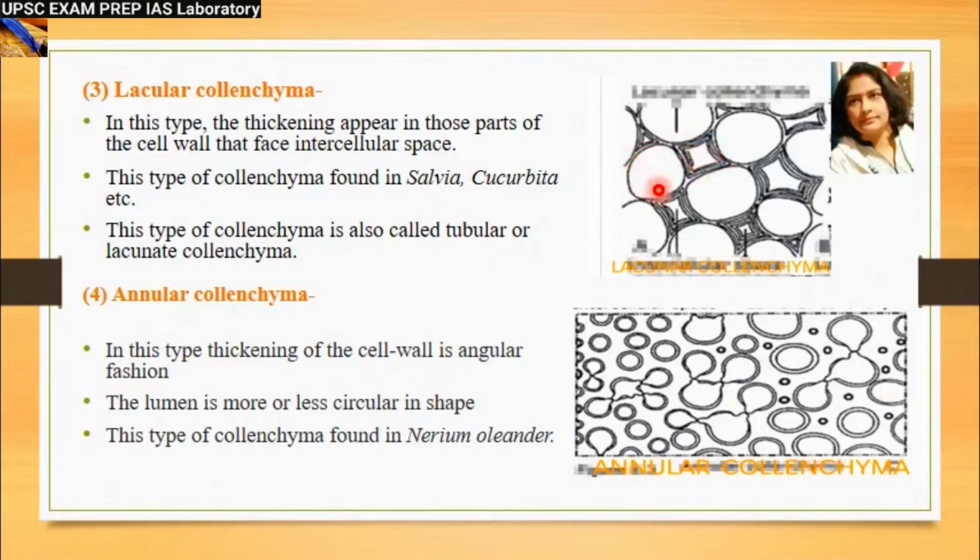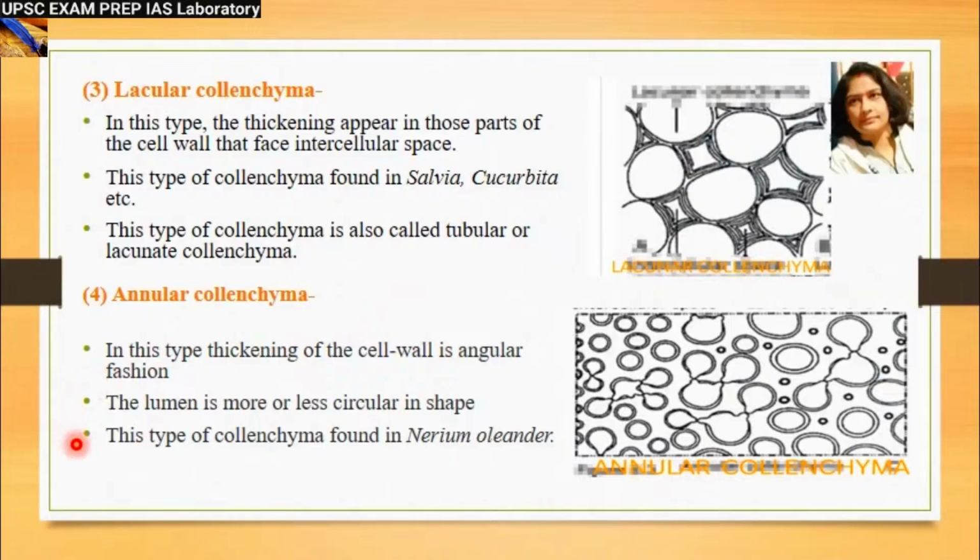This type of collenchyma is also called tubular or lacunate collenchyma. This type of collenchyma is found in petiole of Salvia, Cucurbita, Malva, and in the members of the Compositae family.